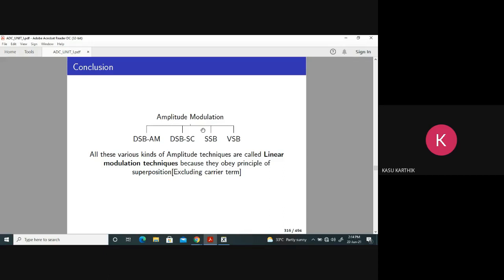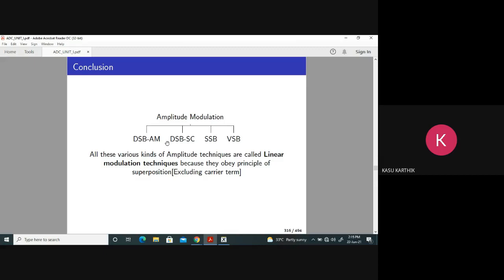All these are called linear modulation techniques. Why are they called linear? You have to verify. So you do one thing, take something like an assignment. Write some of the advantages and disadvantages of all these 4 techniques.